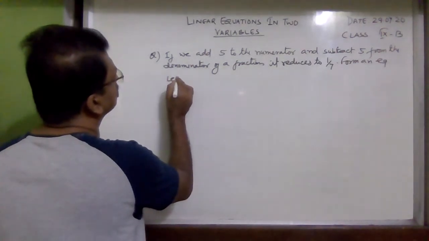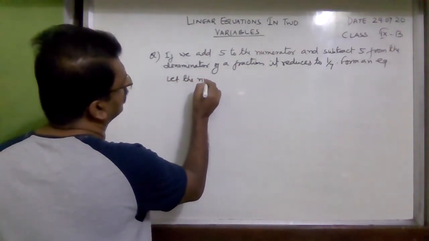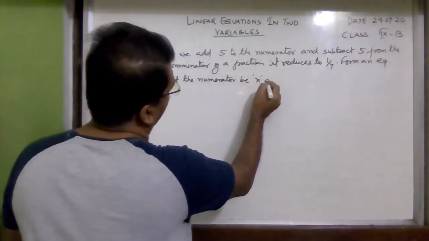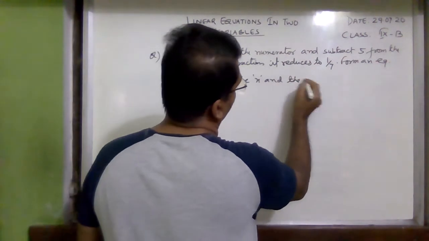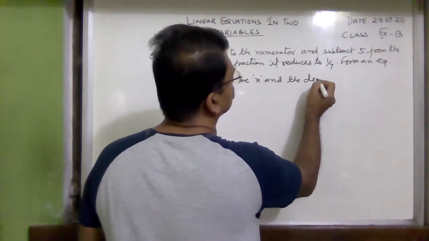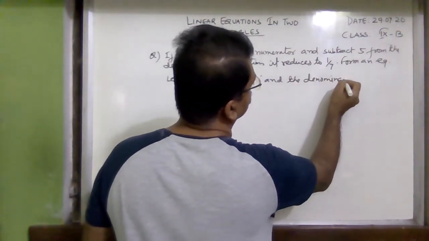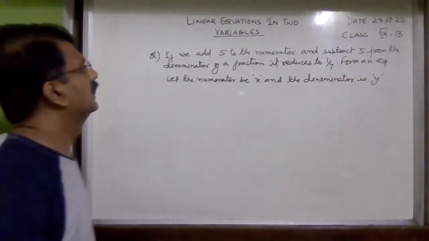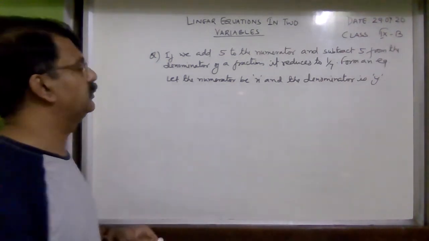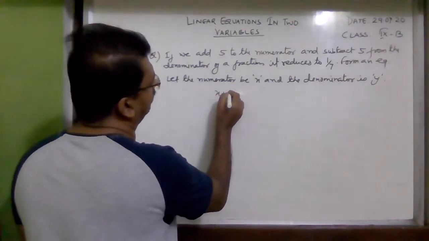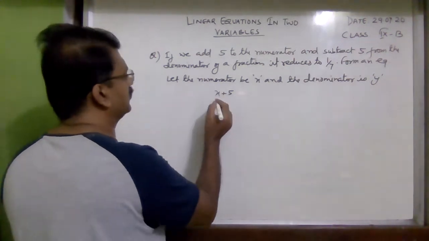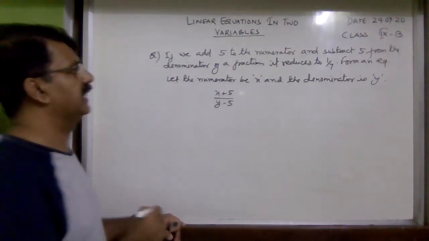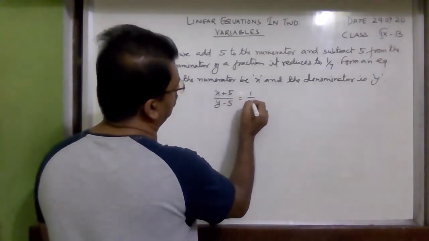Let the numerator be x and the denominator be y. Now we are going to add 5 to the numerator, so it will be x plus 5, and we'll subtract 5 from the denominator, so it is y minus 5. So x plus 5 upon y minus 5, and that is equal to 1 upon 7.